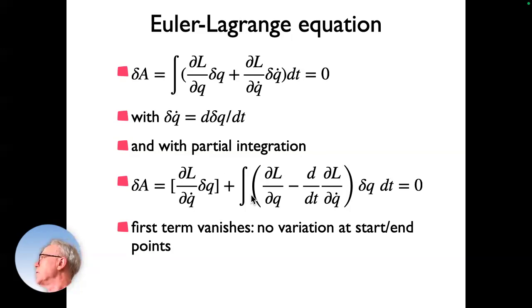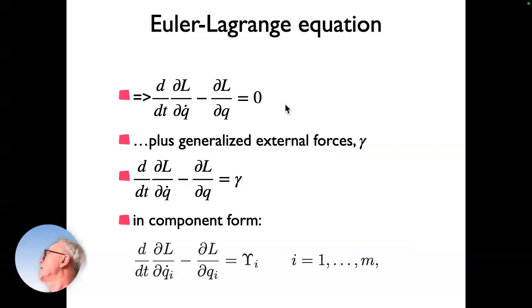And therefore you get that this here is the integral that's 0, and because it's true for all variations, the term in front of that term has to be 0 for this to be true, and that's the equation. So this here is the Lagrange equation, the other Lagrange equation.